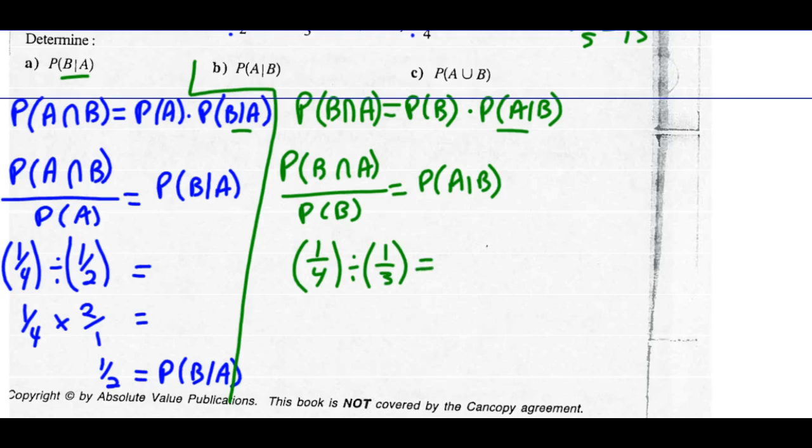So 1/4 divided by 1/3, you change division to multiplication, multiply by the reciprocal of the divisor, and that gives us 3/4. So that's the probability of A given B.